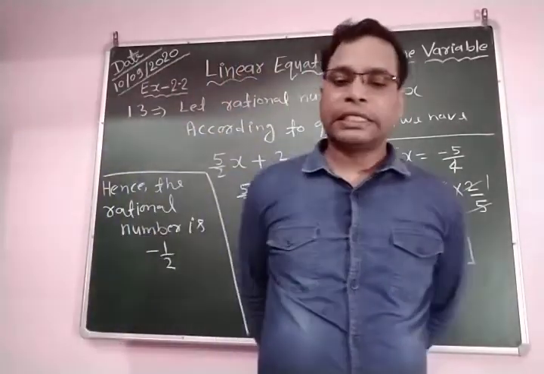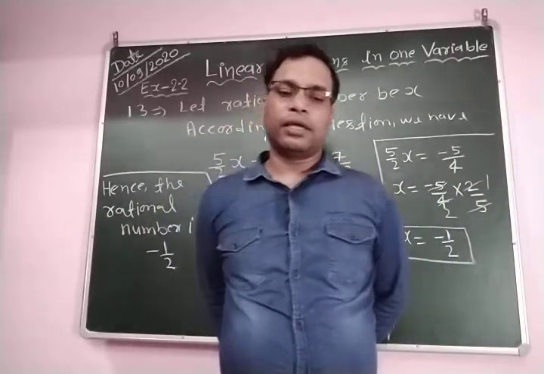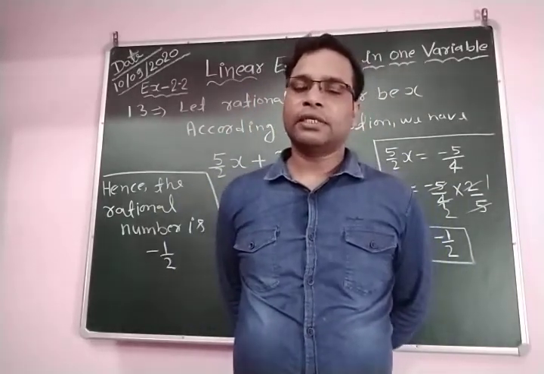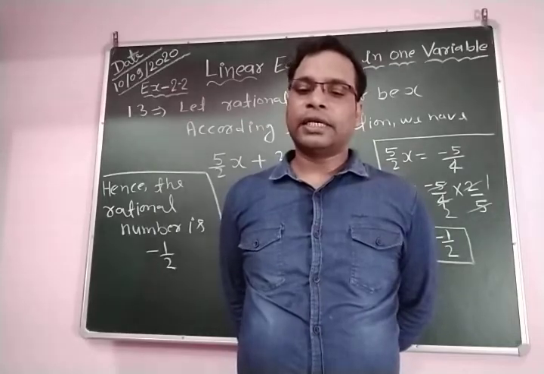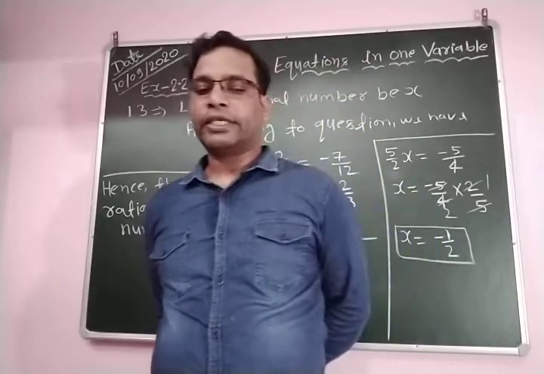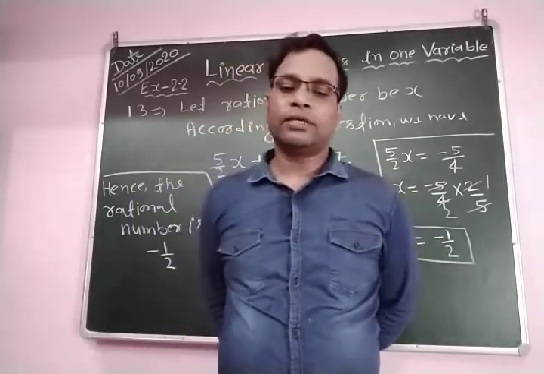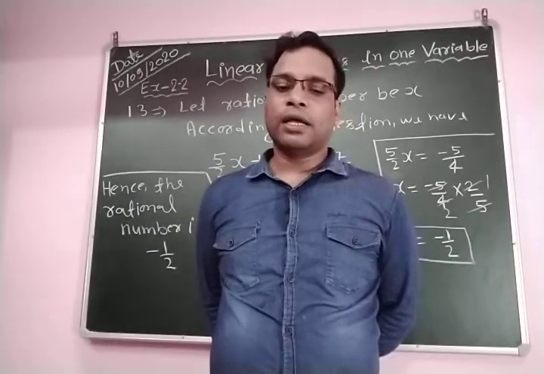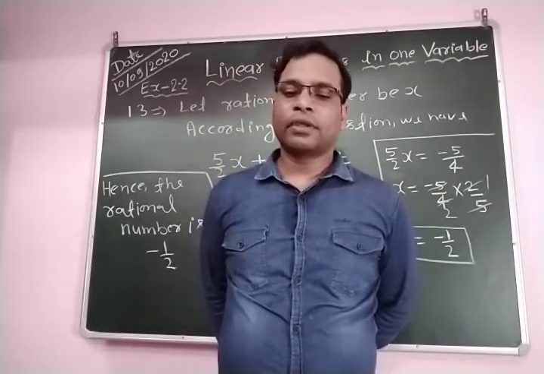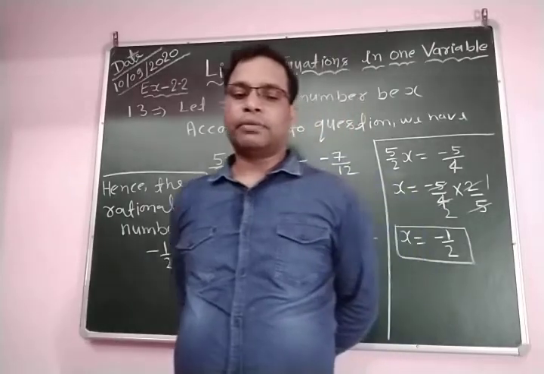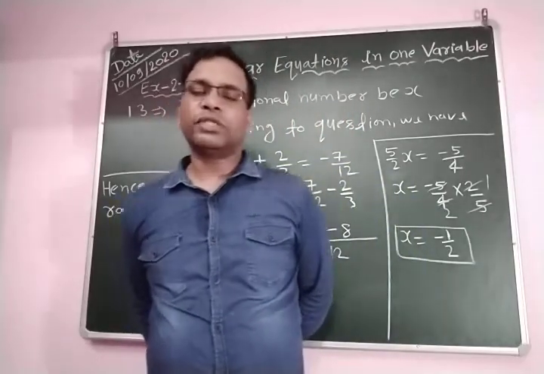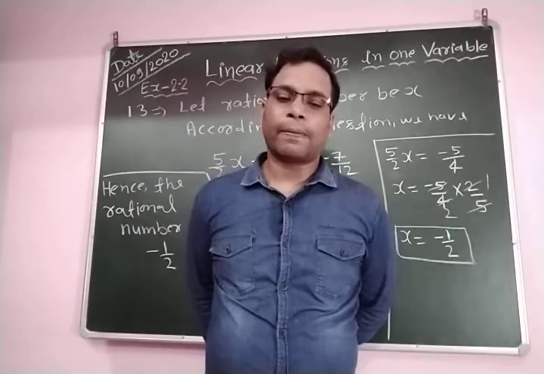In question number 14, it is given that Lakshmi is a cashier in a bank and she has currency notes of denominations rupees 100, rupees 50 and rupees 10 respectively. The ratio of the number of these notes is 2 ratio 3 ratio 5.